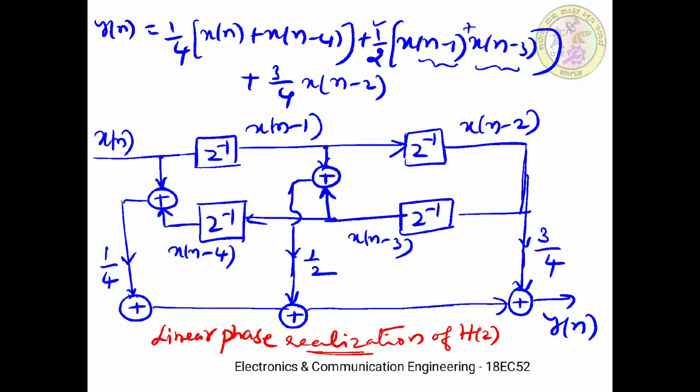Now this is the implementation when m, that is the length of the filter, was odd. That's why we have 5 samples here. Now let us take one more example where the h of z is given like this.